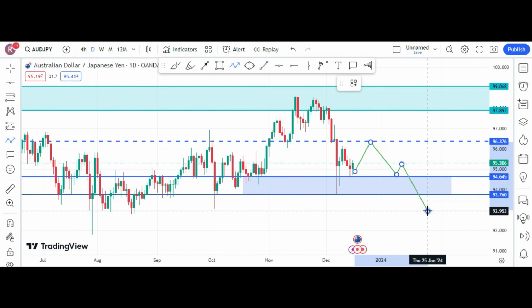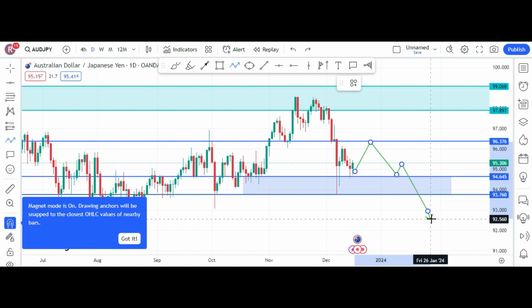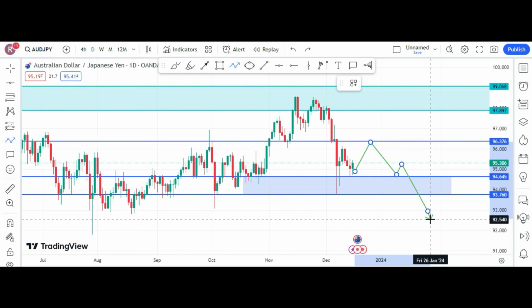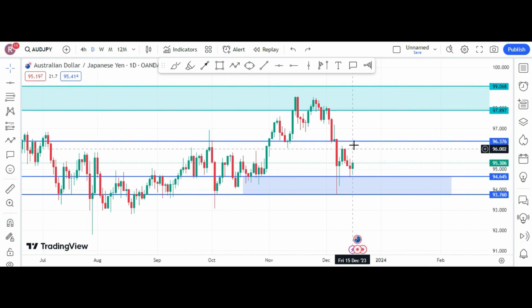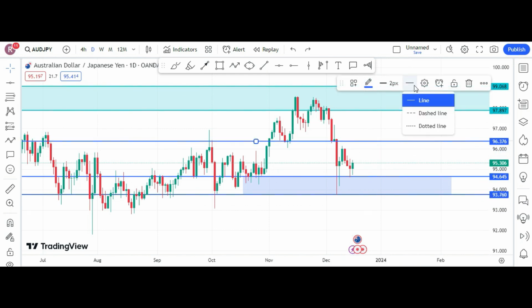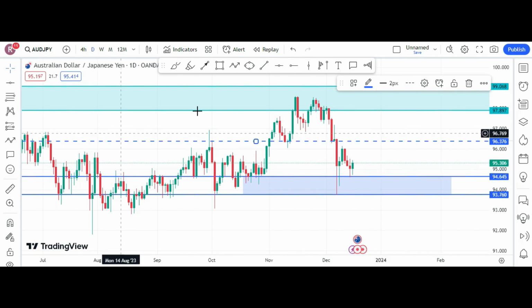I'm expecting a breakout here, but for the time being I should not draw this much. This is not advisable. This is not a good way to show things around.